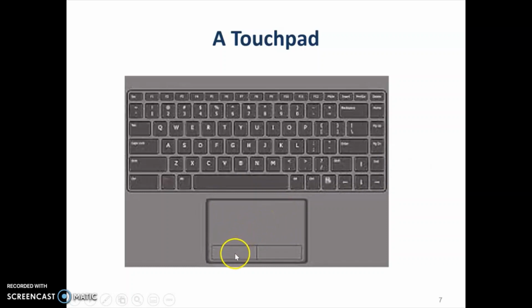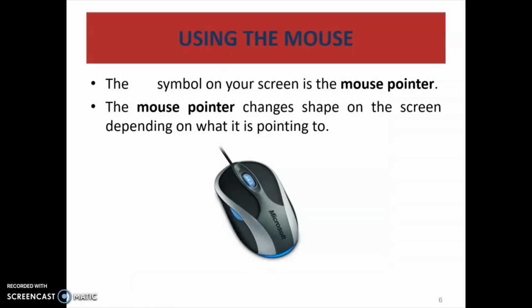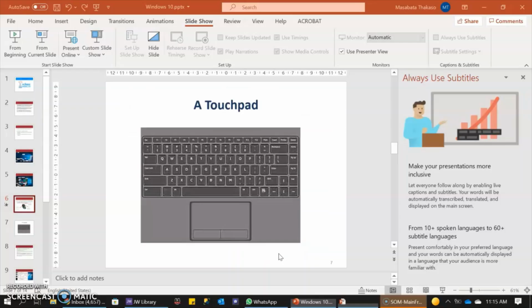And this would be your left click, and that will be your right click. So you touch it and move your finger around it. Whereas with a mouse, you will grab hold of the mouse and make use of two fingers in order to select the left or right button.